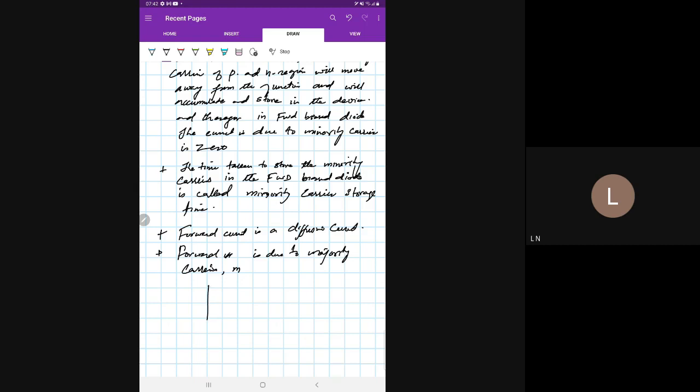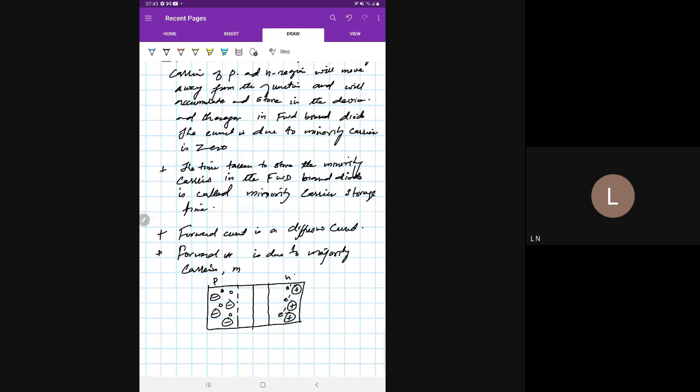Okay, so if you have a junction here, for example, this is a junction and this is the depletion region. You have a P side here and N side on this side. Then we will have majority carriers of holes in P side, and we have electrons on N side.